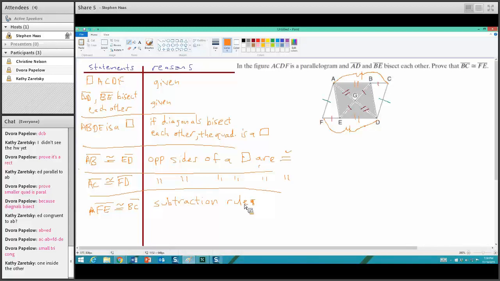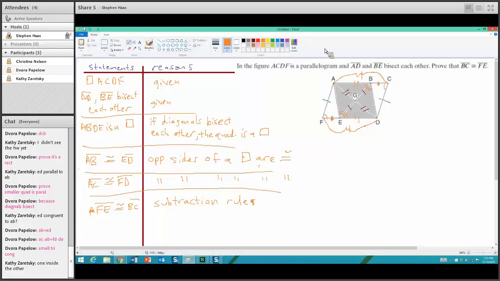I'm just wondering if there was any other way we could get, if we didn't have these, was there a way we could get the edges congruent? We'd have this angle and this angle because they're opposite angles of a parallelogram. Right, and we'd be able to get this angle and this angle because they're opposite angles of a parallelogram.